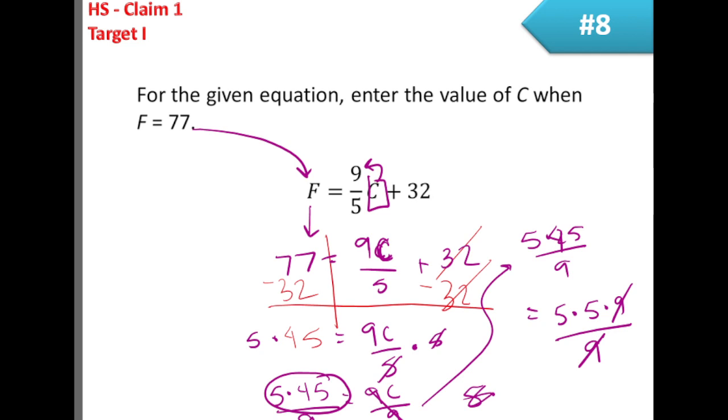Remember, cancel out the 9s, which is 25. So c equals 25. Or you can just do the regular 45 times 5 and then divide by 9, and you should get the same number, 25.